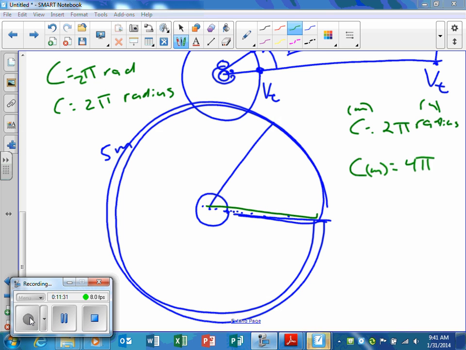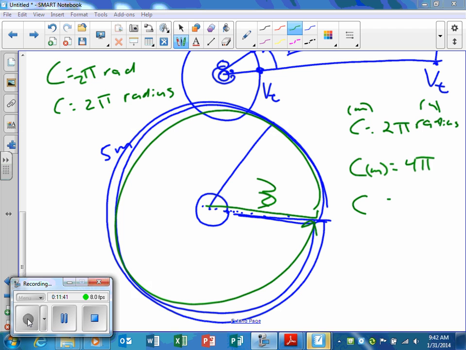If my radius is 2, and I go all the way around once, my total distance is 4 pi. Well, let's say that your radius is 3. Well, now your circumference in meters is 6 pi, right? You can get a number out of that because pi is a number. You can pretty much get a number out of it. Not as good as pi, of course, right?